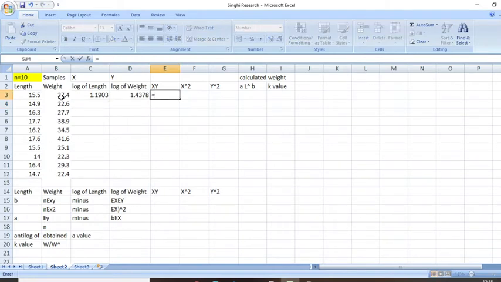Now we have to multiply x variable with the y variable. Now we have to go for squaring of x, then you have to go for squaring of y.